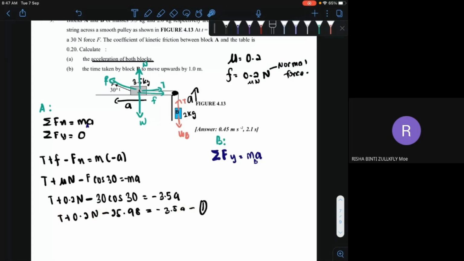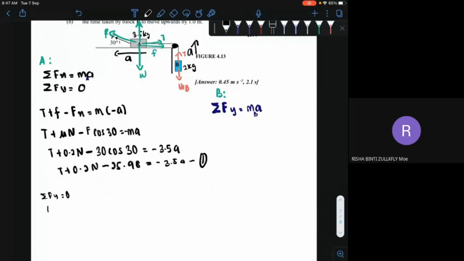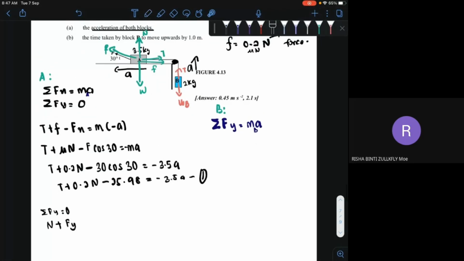Alright, kalau kamu tengok normal ini adalah normal of object A. Dan normal is along Y component. So kita solve Y component untuk dapatkan normal kita. So summation Fy is equals to 0. Along Y component kita ada normal campur dengan force along Y. You have your force here. So bila kita resolve, along Y dia pergi ke atas. And then minus your weight. Sama dengan kosong.